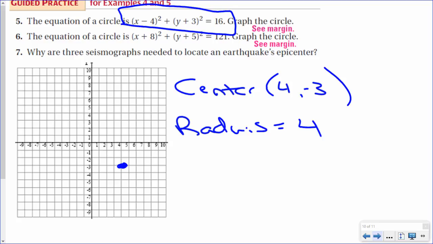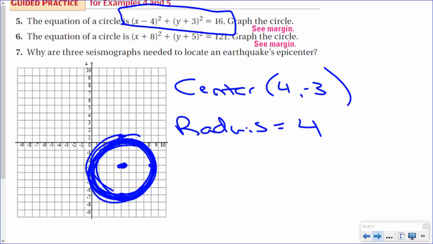Since the radius is 4, branch out 4 in each direction. Again, the orientation's weird. It's going to look like an oval again, but perfect. So that's the answer for that one.